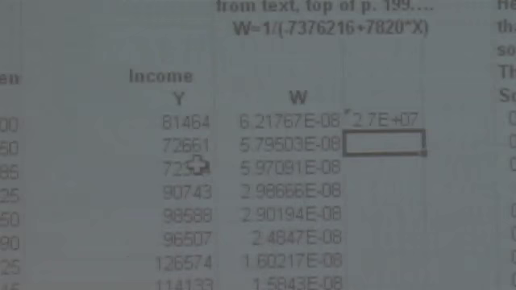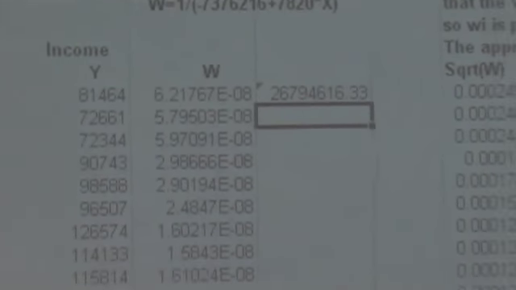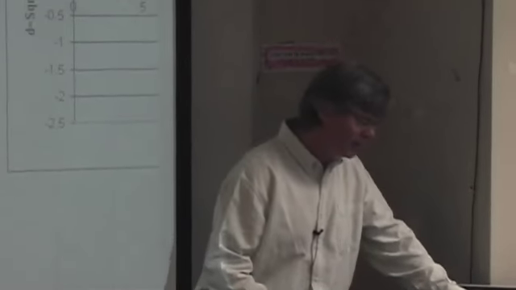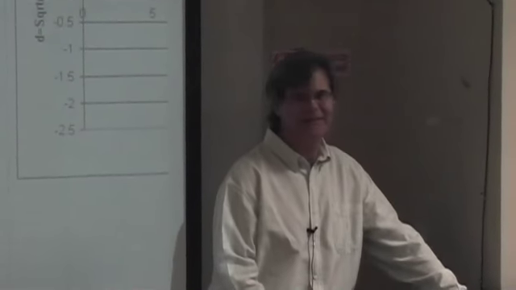What do I get? I get 26,794,620. Let's make it a longer, wider column. Okay, that looks about right. That's the variance of income for that amount of advertising. Yes, the variance, not the standard deviation.